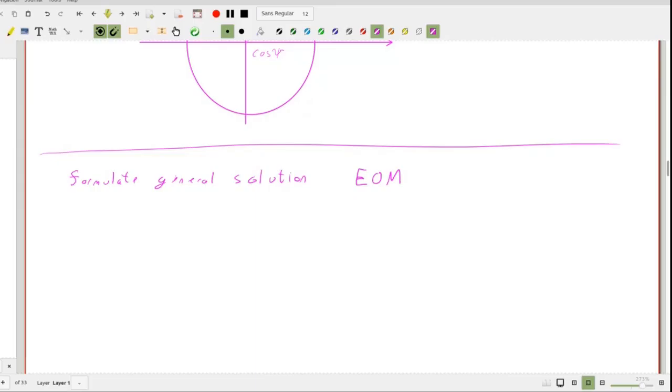So to solve, assume that x(t) can be expressed as our constant A times e^(λt). So we're going to assume that this is a solution to our equation.